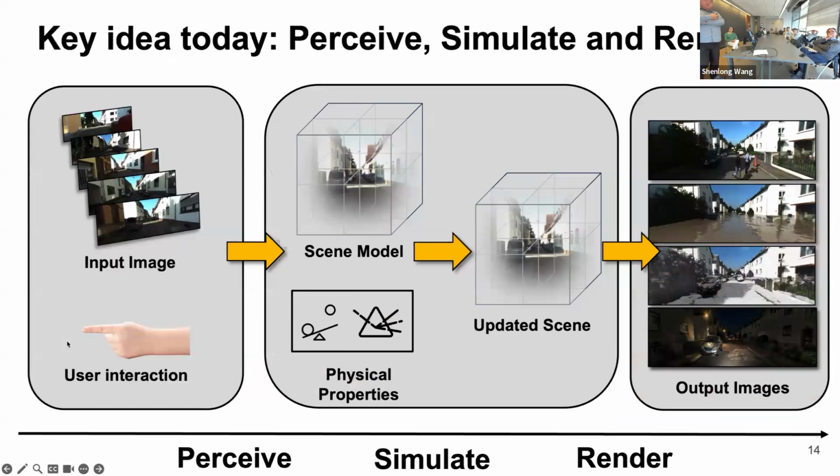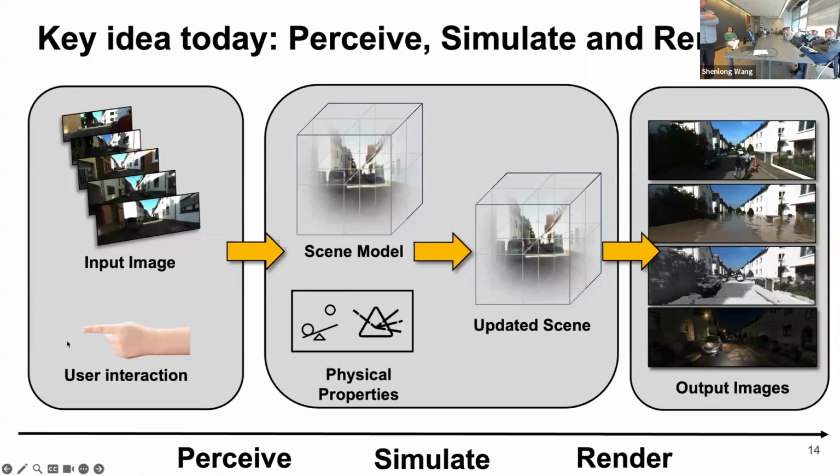That is trying to mimic the mental world model of humans. Instead of directly formulating this as a conditional video generation problem, we want to take images as input and then create a scene model that encodes semantics, geometry, appearance, and importantly, physics.